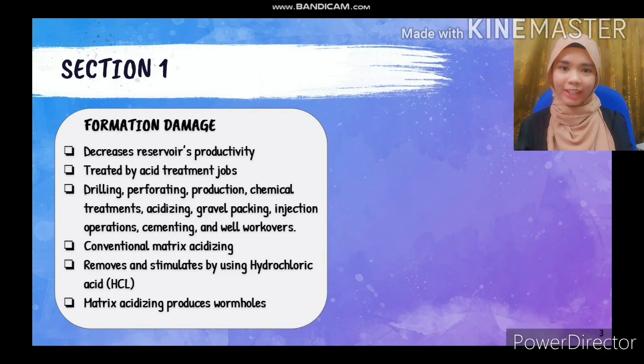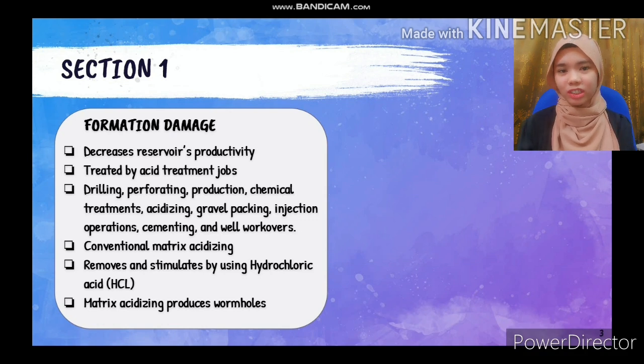In section 1, I'll be introducing you guys to formation damage. So what is formation damage? In petroleum production, formation damage is one of the challenges that they face near the wellbore.